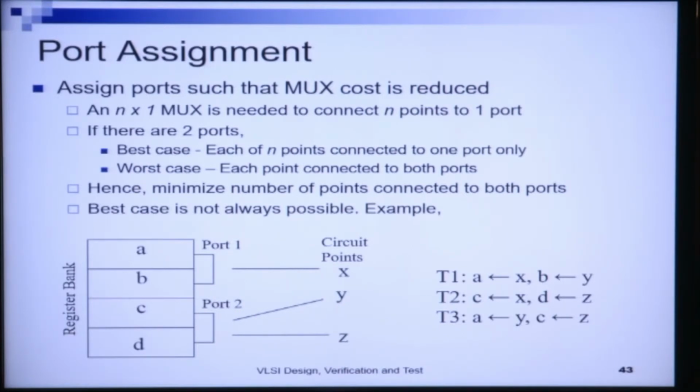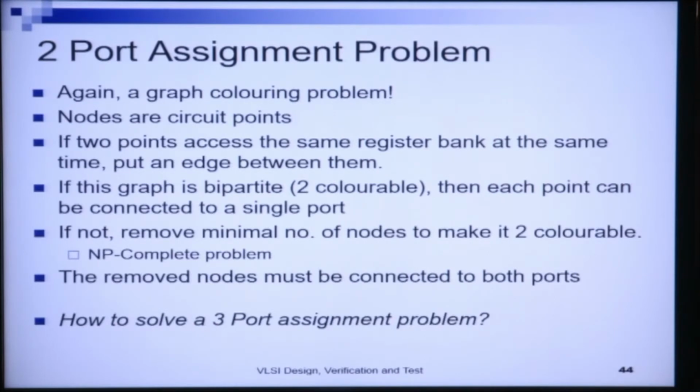Now in time step 3 we see that both Y and Z have been previously allocated to port 2 and at least one of them has to be allocated to port 1 as well to appropriately effect the register transfers at time step 3, because both Y and Z want to access the two registers in the same register bank at the same time and they were previously connected to the same port. So at least one of these points has to be connected to both ports.